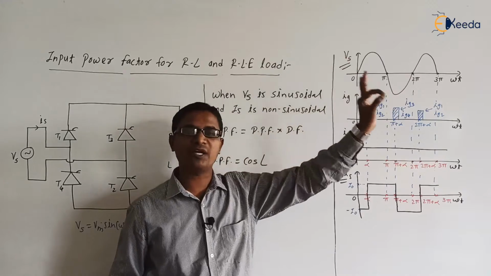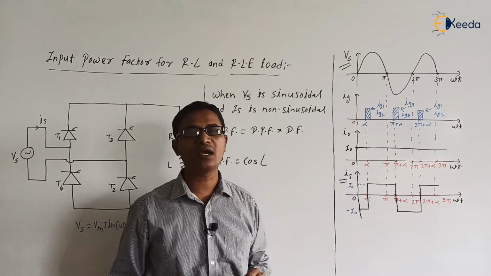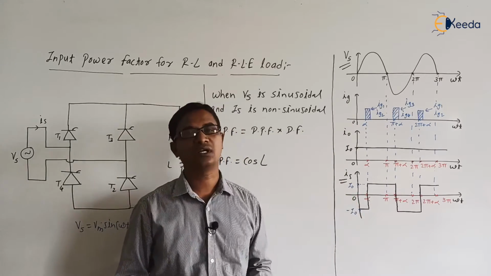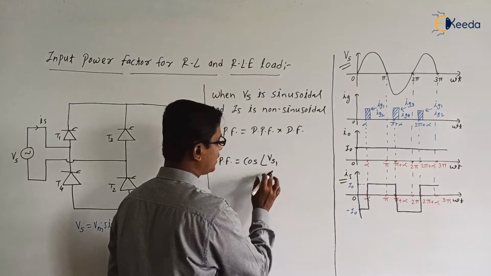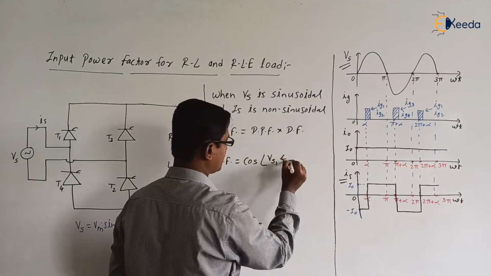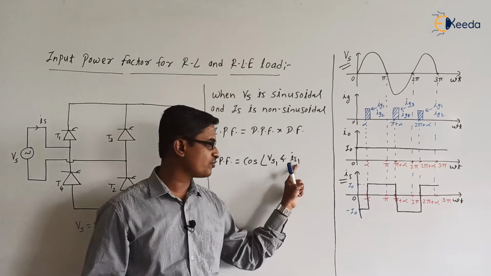This waveform is of a fundamental component only. So it is the cosine of the angle between Vs1 and Is1.